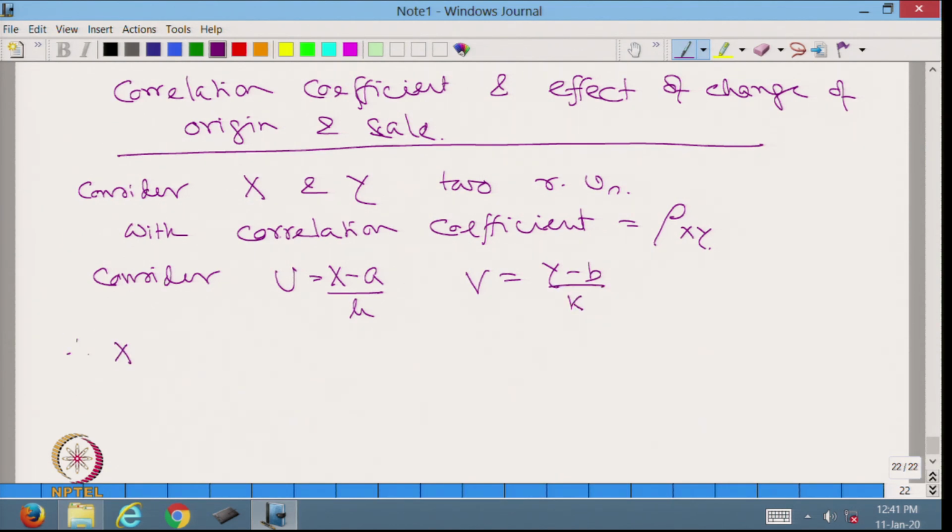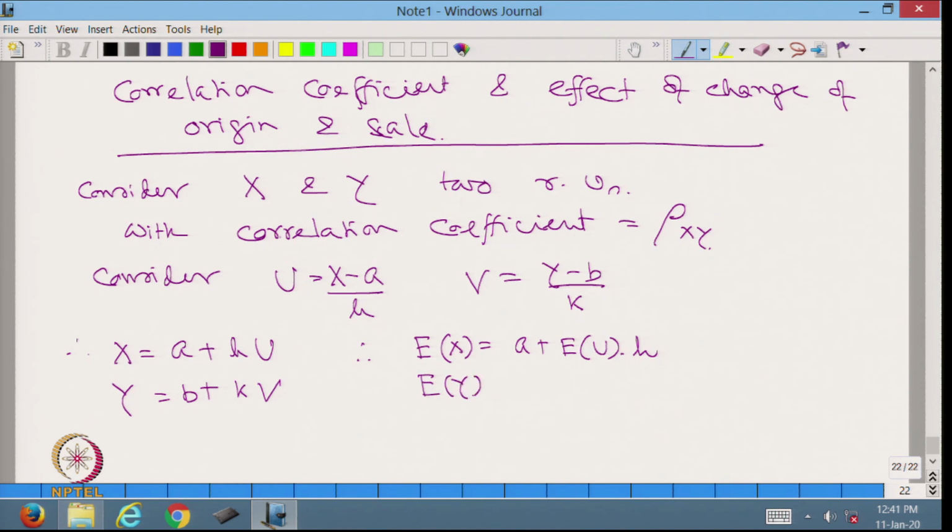Therefore, x is equal to a plus h u and y is equal to b plus k times v. Therefore, expected value of x is equal to a plus expected value of u multiplied by h, and expected value of y is equal to b plus expected value of v multiplied by k.